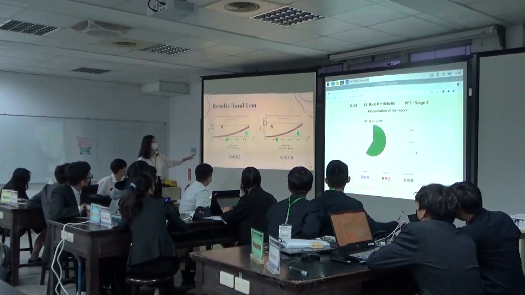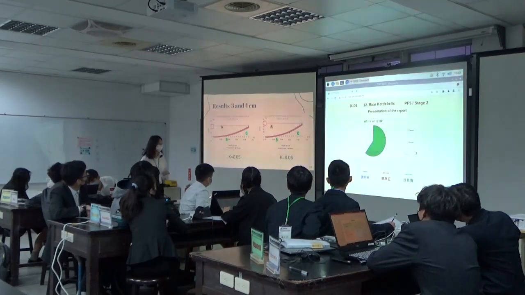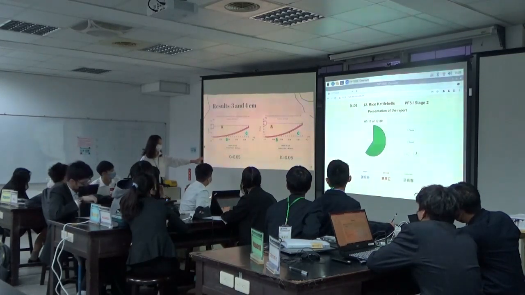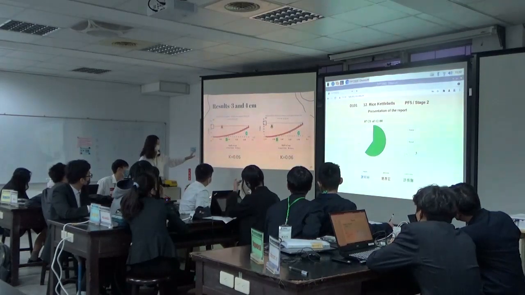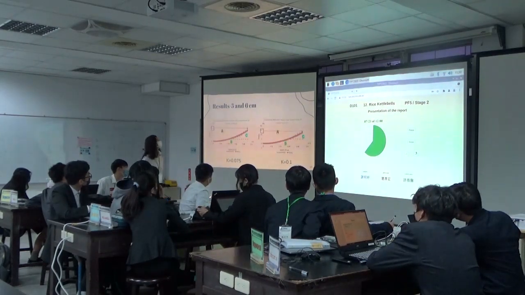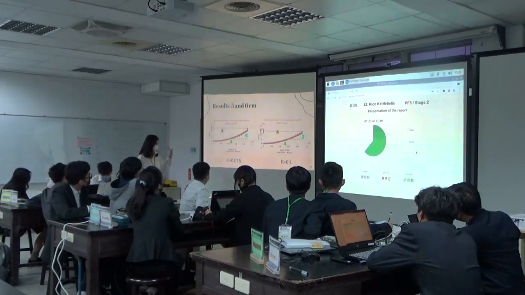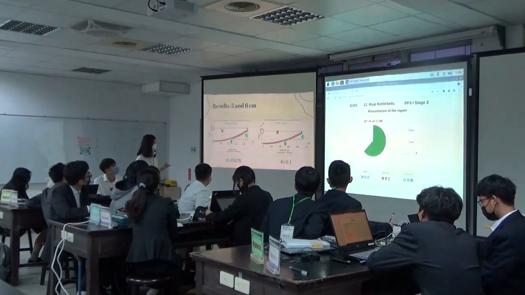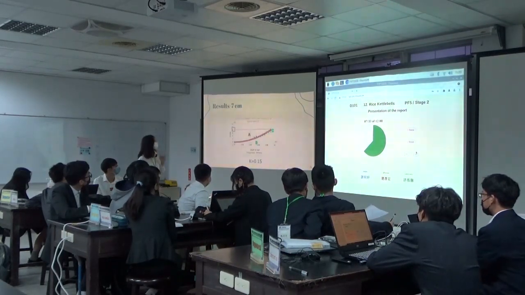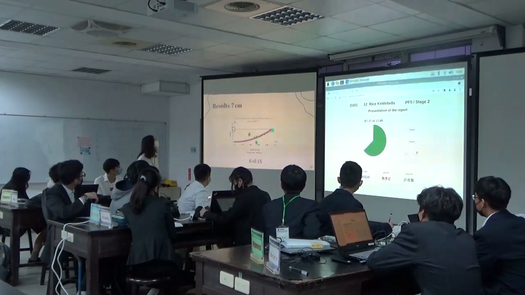As we can see, the bigger the diameter of our vessel, the bigger the K, the conversion coefficient. And this is the data for vessel diameters of 5 and 6. And this is the vessel diameter of 7.